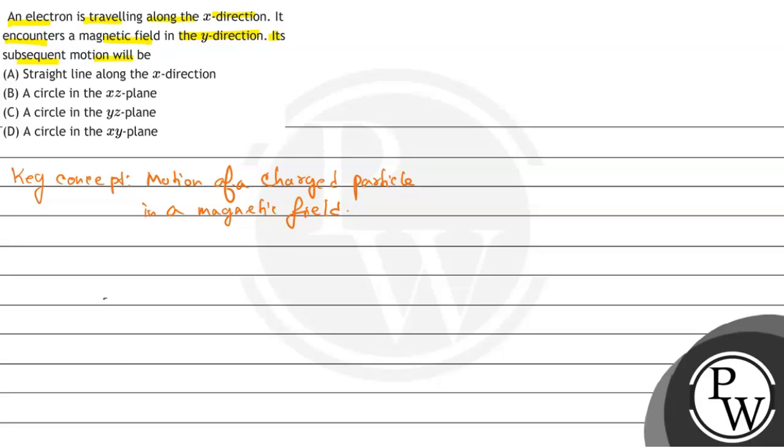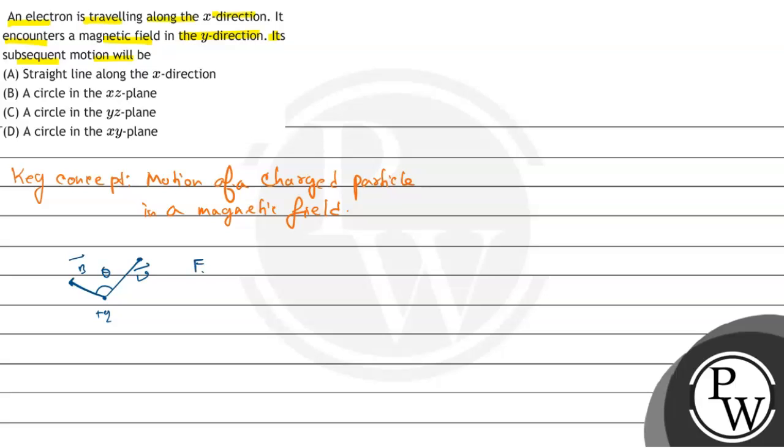Let's say कि a particle of charge plus q is moving with velocity v, and there is a magnetic field B vector, and the angle between the velocity and the magnetic field is, let's say, theta, right?